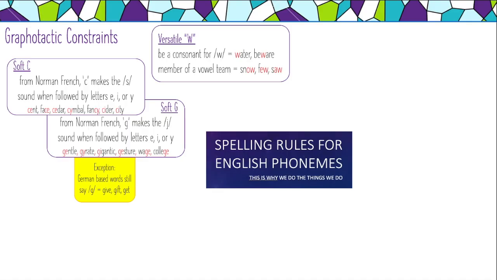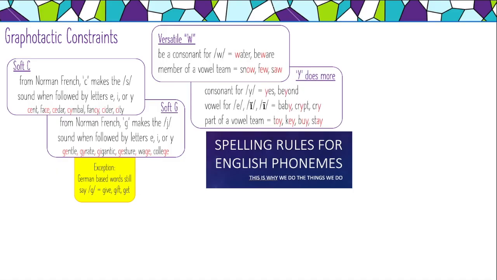So as a consonant sound, you can teach them that when you see a W, it's going to say W because it's at the beginning or the middle. If you see it at the end, not necessarily always right behind a vowel team, but at the end is my biggest hint, it's going to be a member of a vowel team. It's not going to say W. So that's a good decoding hint to give them.